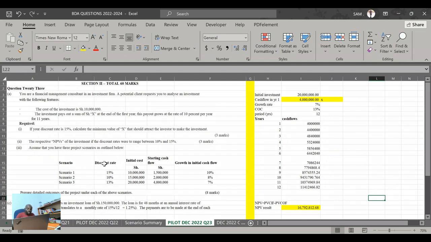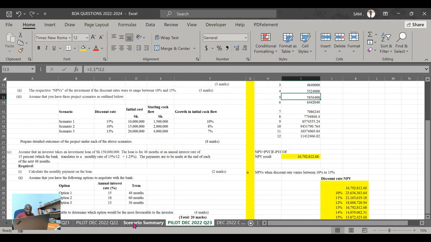So if you review the last class video which I posted here, you realize that we were varying all these 4 variables: discount rate, initial cost, starting cash flow, then growth rate, initial cash flow. We were varying all of them at the same time, and scenario manager handled it so nicely, and we had our output. Now, let me review the output which we had last time, the scenario summary. Let me just show you what the scenario summary is showing me there.